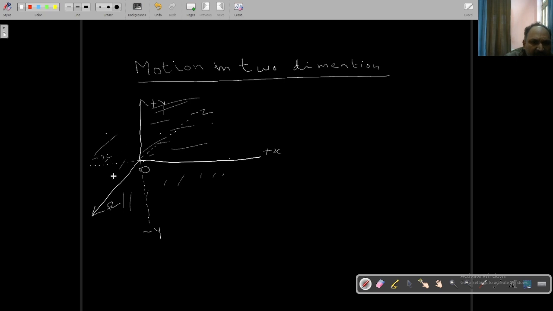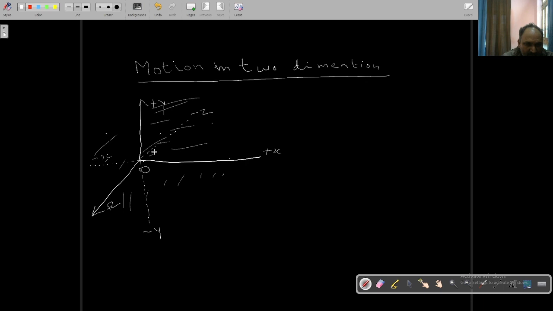You can choose any plane, but the condition is that the particle will at no point of time leave this plane to come into another plane. It will continue to move in a plane. Suppose this is a board, and the particle will continue to move on the board only.